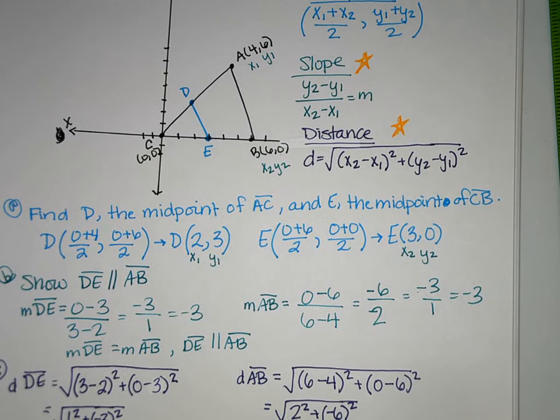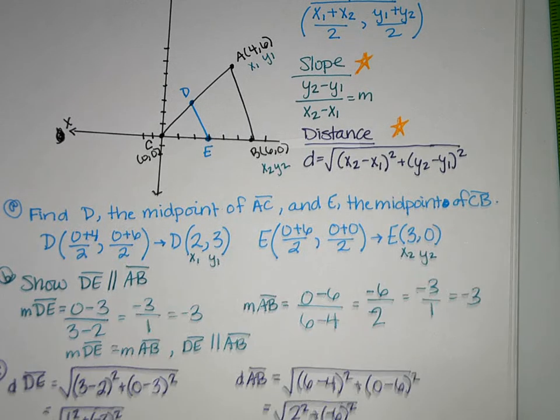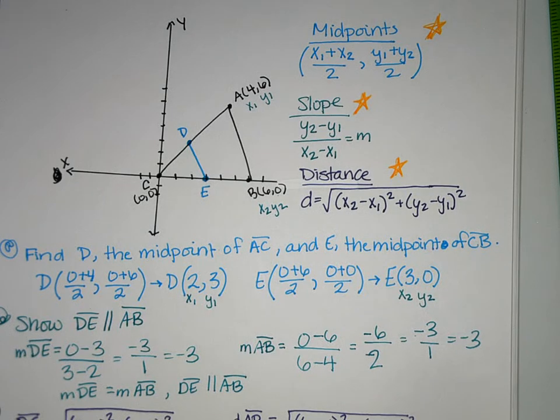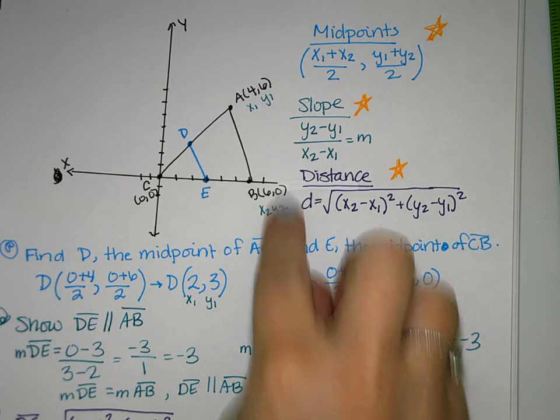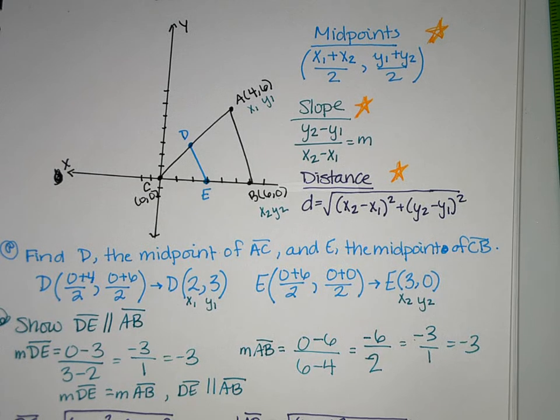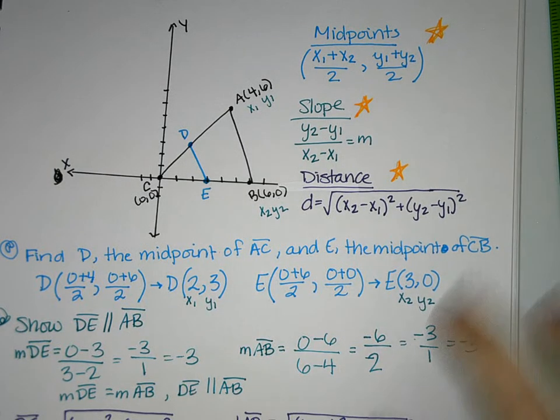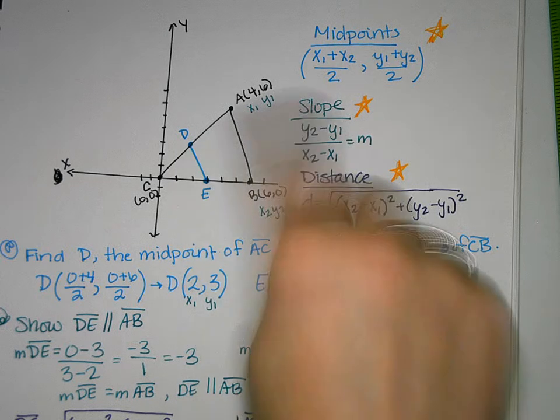The third problem on your homework is a review of what we actually did yesterday, just more practice on the same type of problems as yesterday. And one of the things I want to just give you a heads up on, on your quiz, you have one of these where you have to do all of this. On your test, you have one of these where you do all of this. So if you know how to do each step, the only thing that's going to change are the numbers for the ordered pairs.